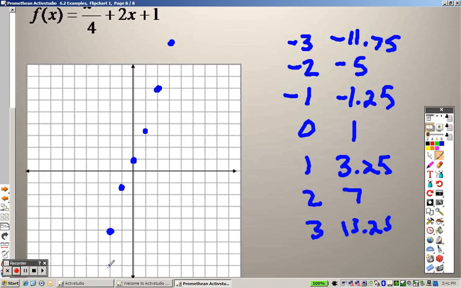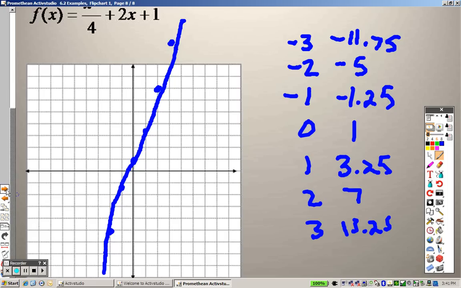So you simply connect your dots, and there we are. There's that graph.